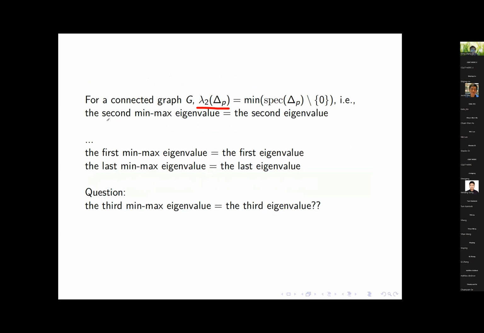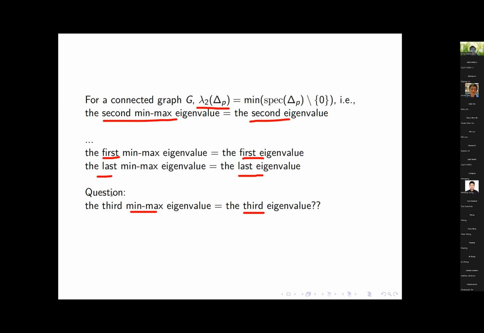That is to say, the second minimax eigenvalue equals the second eigenvalue. And as I have shown before, the first and the last minimax eigenvalues coincide with the first and the last eigenvalues exactly. So a natural question is whether the third minimax eigenvalue agrees with the third eigenvalue.